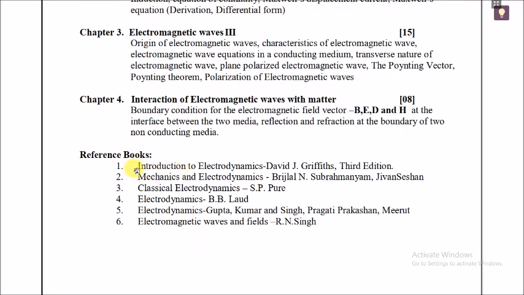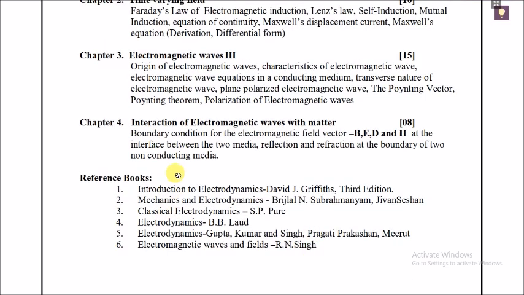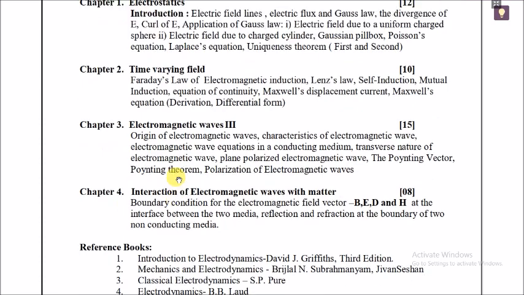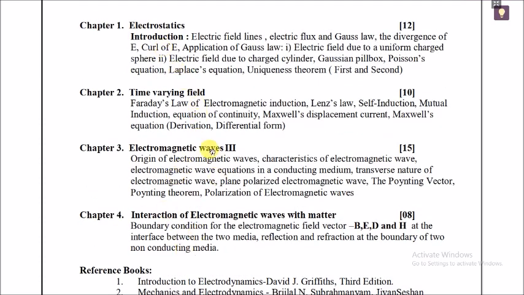That is Introduction to Electrodynamics by David J. Griffiths, then Electrodynamics by Brijlal and Subramaniam and Jivan Seshan, then Classical Electrodynamics by S.P. Puri, then Electrodynamics by B.B. Laud, then Electrodynamics by Gupta Kumar Singh, and the last one is Electromagnetic Waves and Fields by R.N. Singh. These are the reference books for us to study or refer to all the points related to the syllabus.